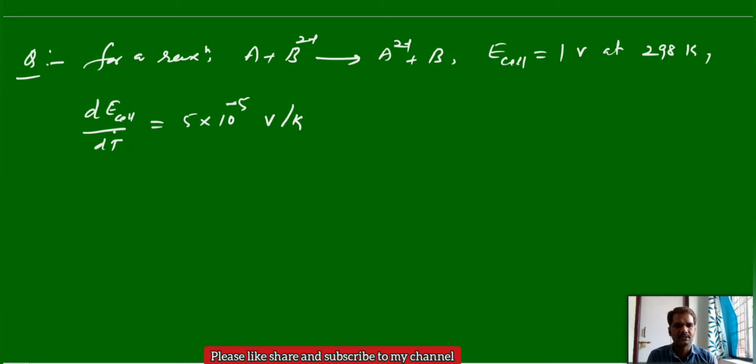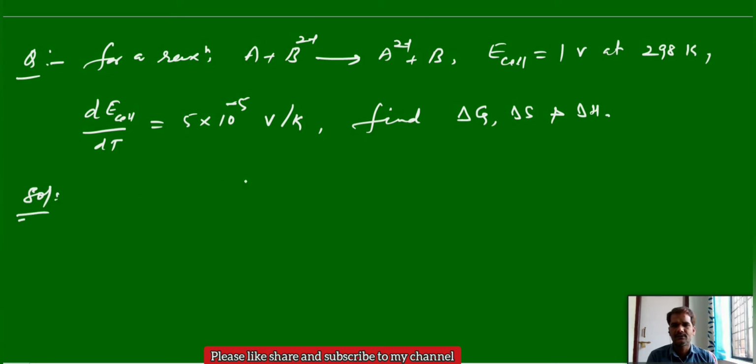The unit for temperature coefficient is volt per Kelvin. Then find delta G, delta S, and delta H.